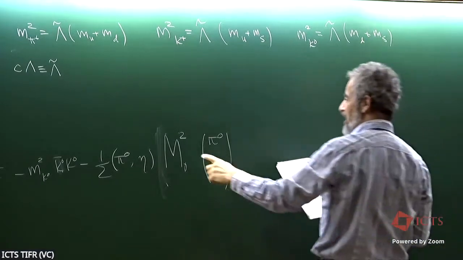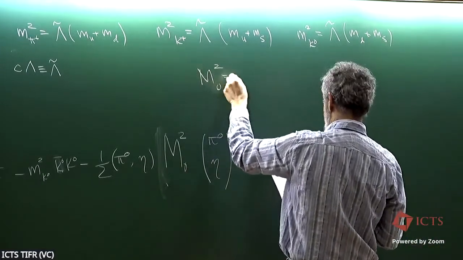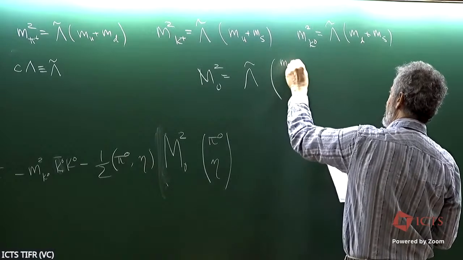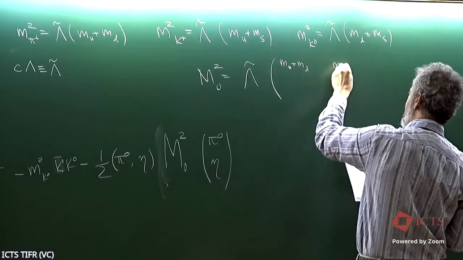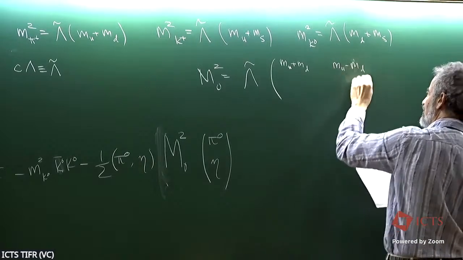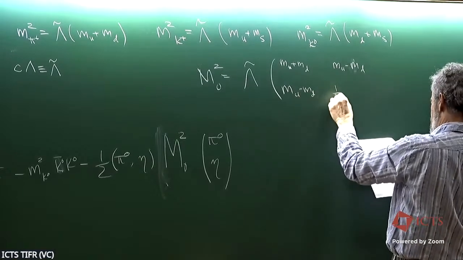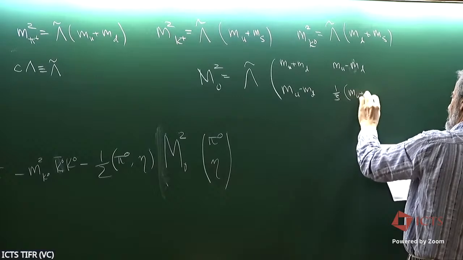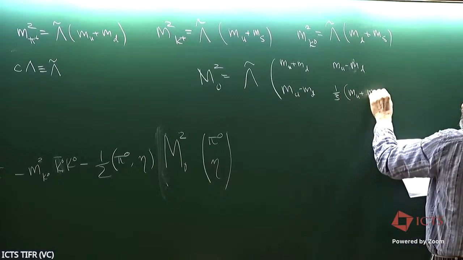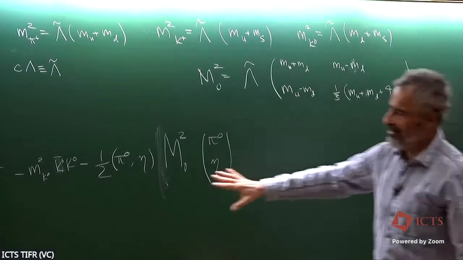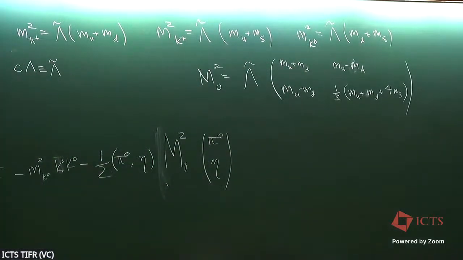And then this 2 by 2 matrix here, M0 squared, is equal to lambda twiddle times (mu plus md), (mu minus md), (mu minus md), and then 1/3 times (mu plus md plus 4 ms). This just comes from taking your sigma field, which is an exponential in the pions, expanding it to order pi squared, taking the trace of this matrix times the 2 pi matrices.